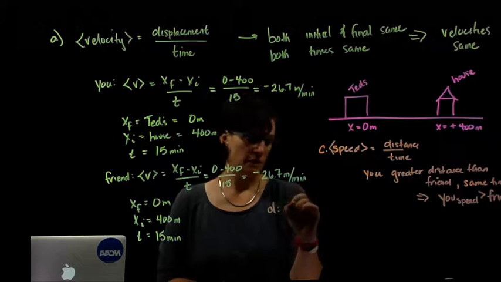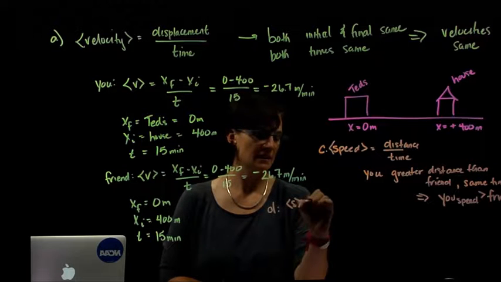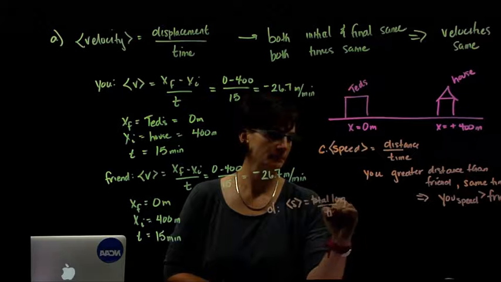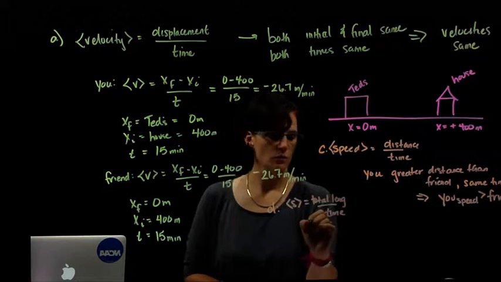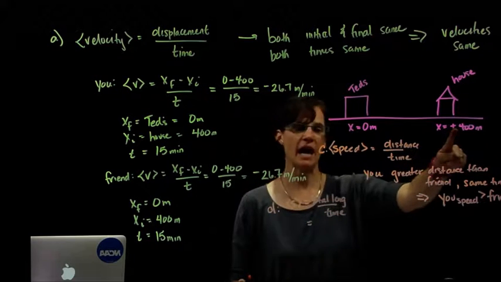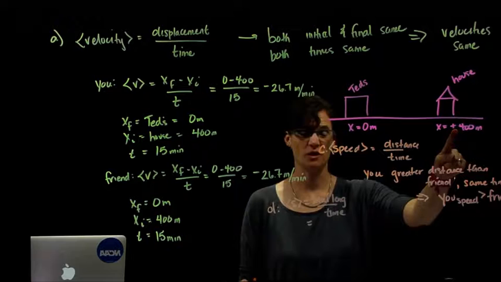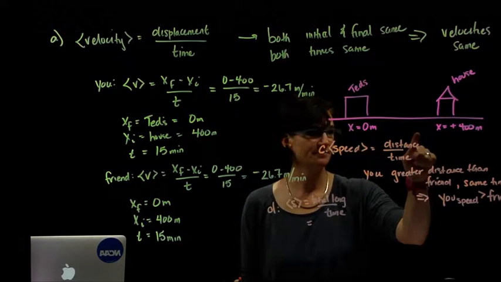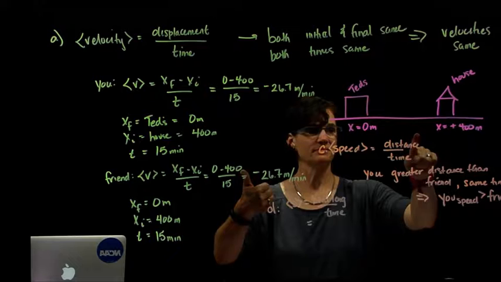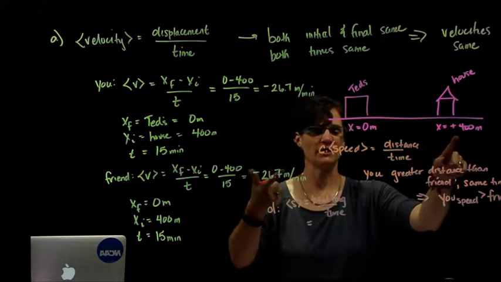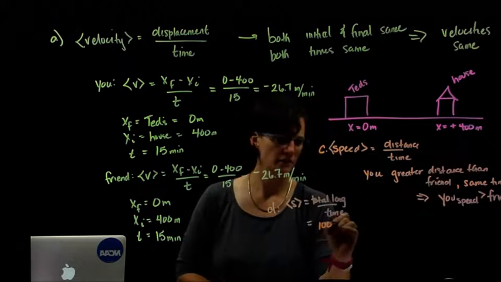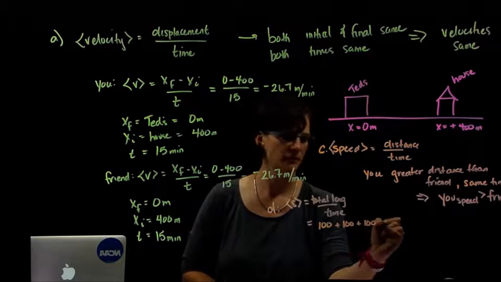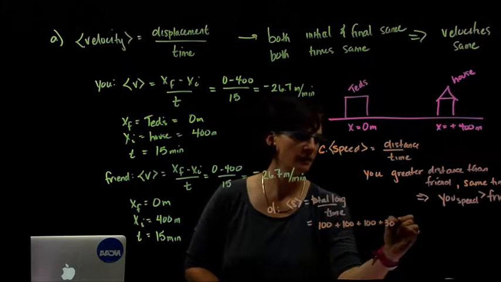What is your speed? Well, your speed is going to be the total lengths over the time. So what does that look like? Well, we start at position 400. We travel a quarter of the distance. So that's 100. And we go back. It's another 100. So we have 100. We go back to our house for 100. We come back to the waiting spot for 100. And then we go on to Ted's.